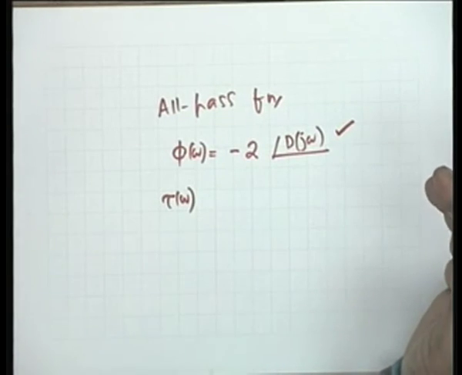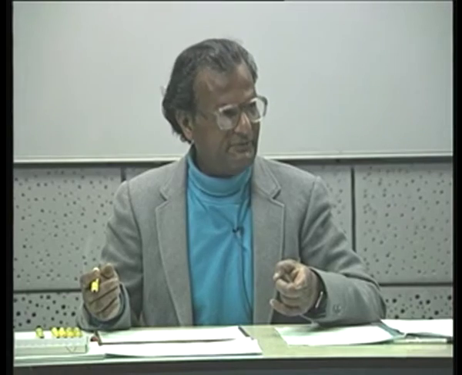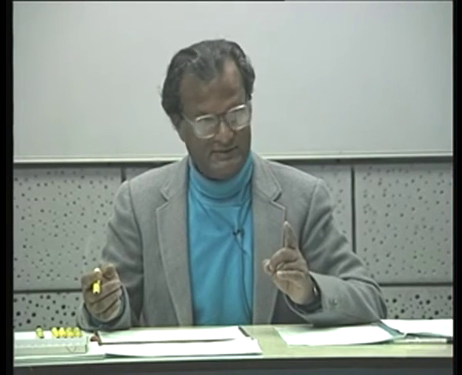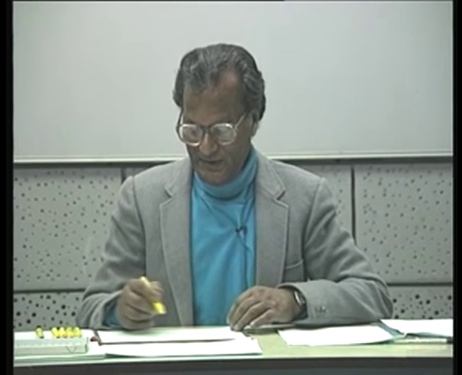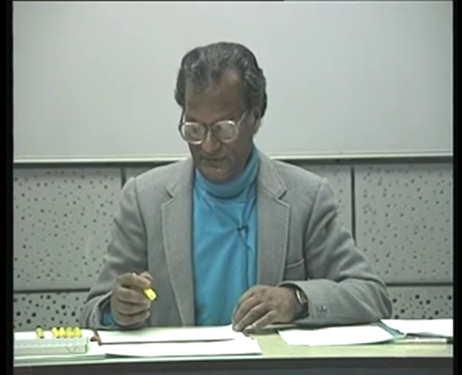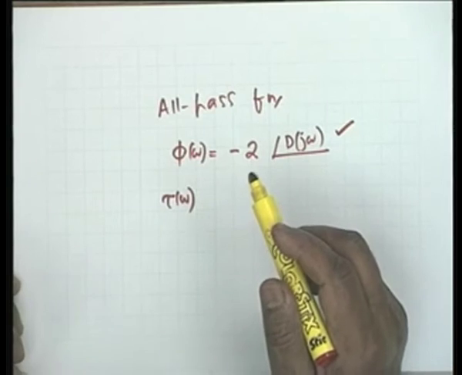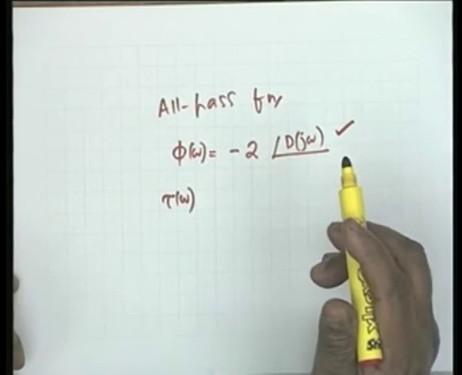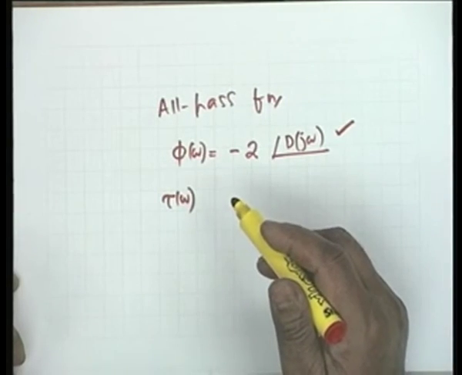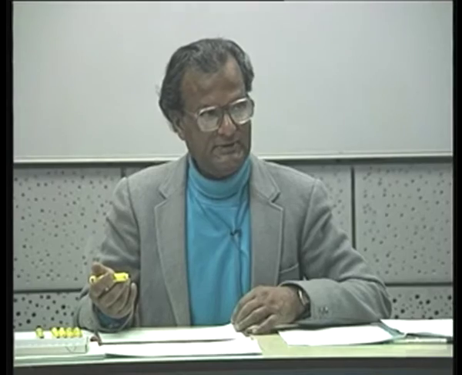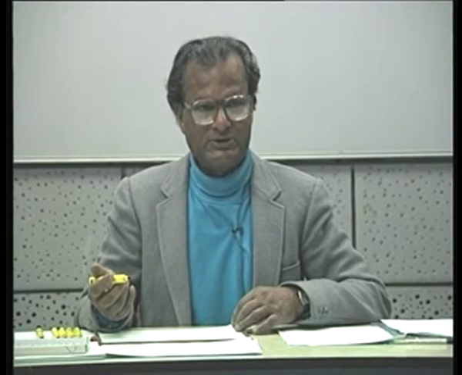All pass functions cannot discriminate in magnitude, they can only discriminate in phase. So, the tau omega given by an all pass function can be utilized to equalize channels, transmission channels.